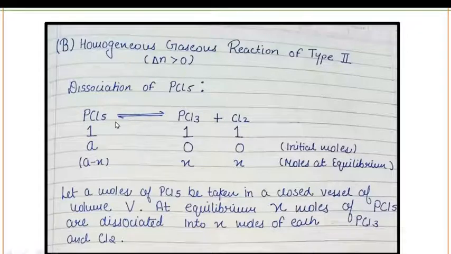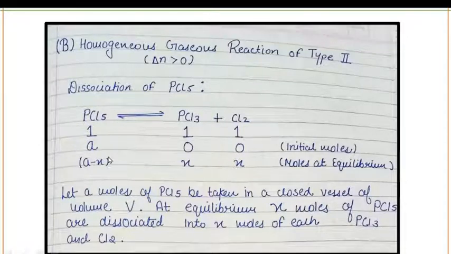So after subtracting the reactant moles from the product moles, you will get the value of delta N as 1, which is positive. Let's take the initial moles of PCl5 as A and the initial moles of the products PCl3 and Cl2 as 0. The reactant moles at equilibrium will be A minus X, since the concentration of reactant is decreasing and the concentration of product is increasing.